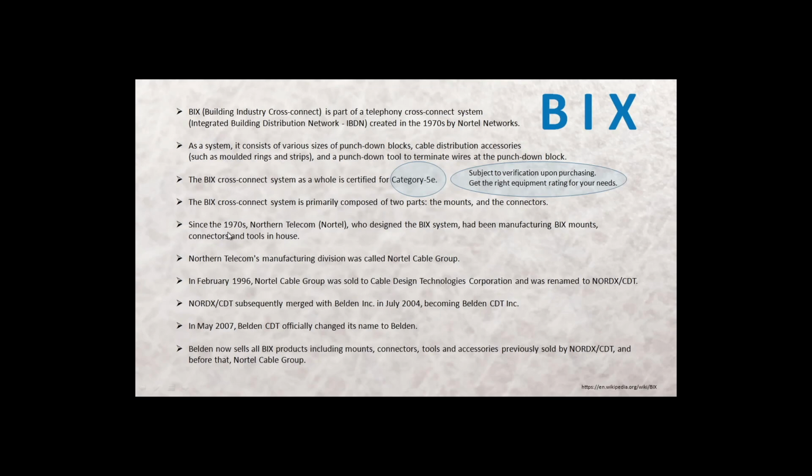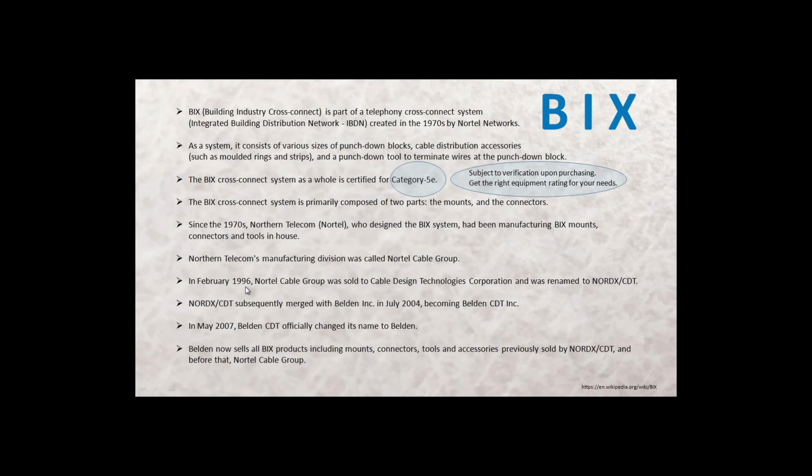Now, since 1970s, Northern Telecom, or Nortel, who designed the BIX system, had been manufacturing BIX mounts, connectors, and tools in-house. Northern Telecom manufacturing division was called Nortel Cable Group.